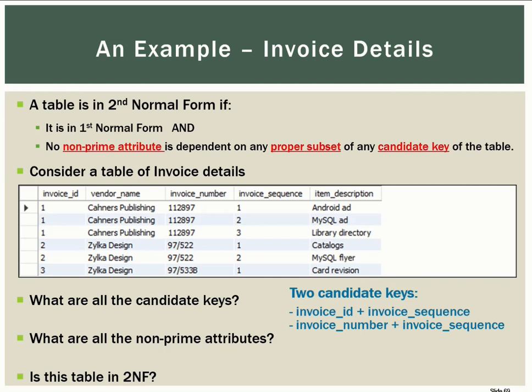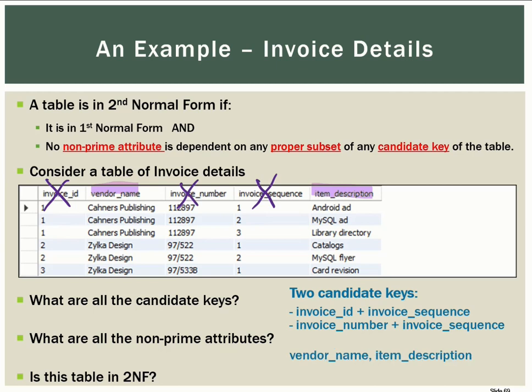Invoice ID is part of 2 of those candidate keys, the invoice sequence is part of a candidate key, and the invoice number is part of a candidate key. That just leaves us with the vendor name and the item description as the non-prime attributes.